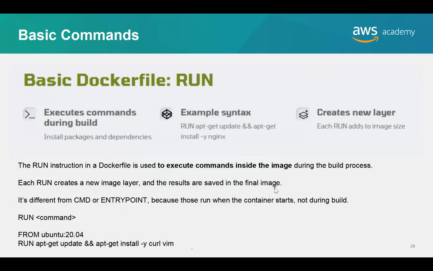It is different from CMD or ENTRYPOINT because those run when the container starts, not during the build. Each RUN creates a new layer and the results are saved in the final image. So when you run FROM Ubuntu, then RUN apt-get update and apt-get install.